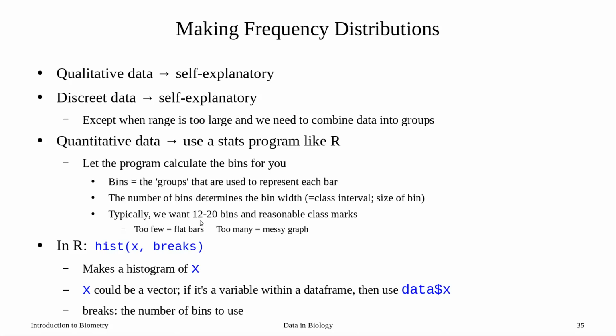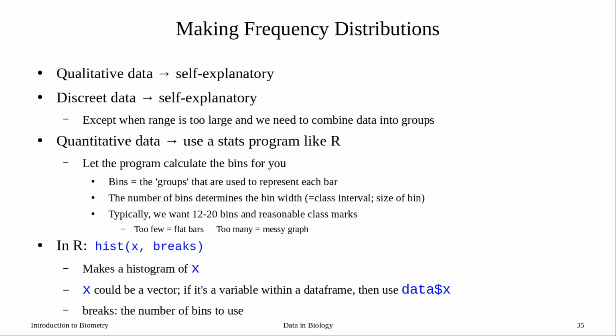And we want our bars to represent reasonable class marks. So we want them to be natural breaks. We want it at 1, 2, 3, 4. We don't want it at like 1.1 and 1.8 and 2.1 and 2.8 and so forth. We want it to be easy to view, easy to conceptualize in our brains.